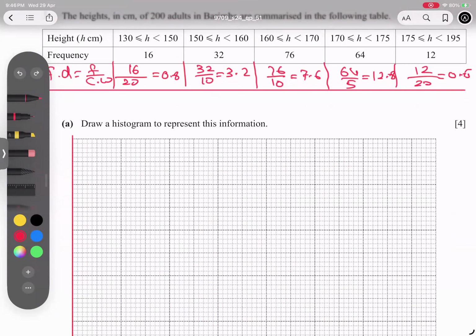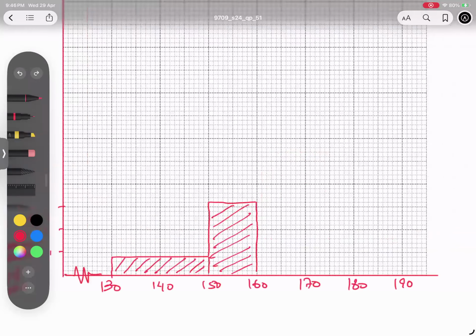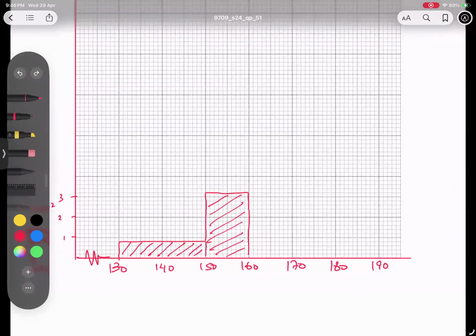So 7.6: 3, 4, 5, 6, 7. 7 is here. 4, 5, 6, 7, 7.6 is 3 boxes. So I hope nothing is hard at all.